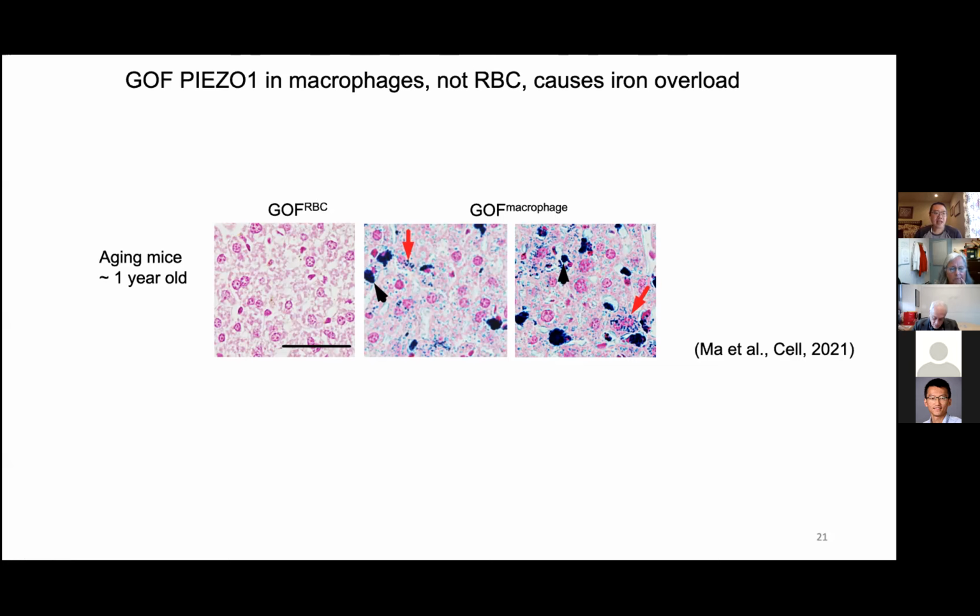This result challenged the conventional thinking that the iron problems are secondary to the red blood cell defects. Instead, it proposed that macrophage mechanotransduction, which is dependent on PIEZO1, might be important in iron metabolism. And the question now is the mechanism: how does overactive PIEZO1 in macrophages cause iron overload in the animals?